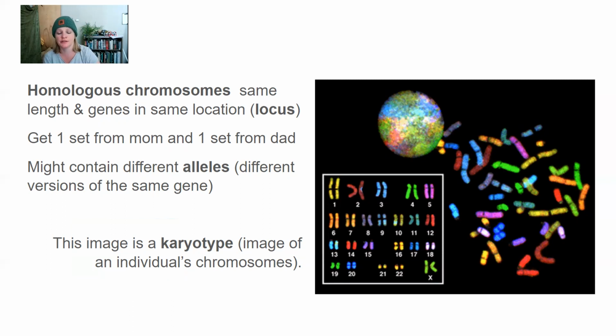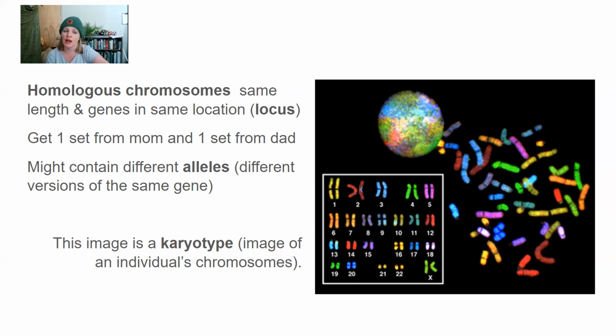This over here is the image of the chromosomes of a human, and we call this image a karyotype. Again, karyo meaning nucleus. So we can actually see these different chromosomes and tell if there's too many chromosomes, not enough chromosomes, misshapen chromosomes, shortened chromosomes.